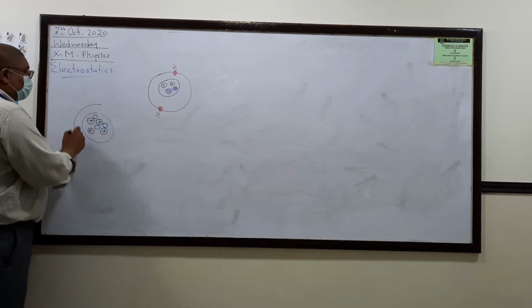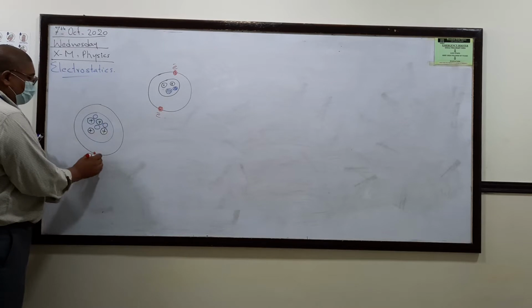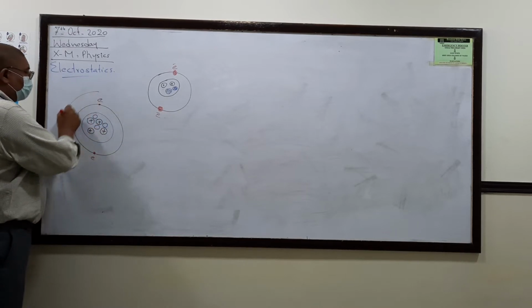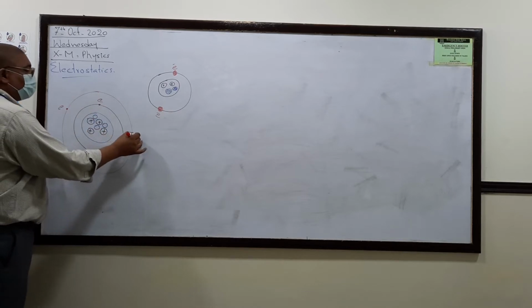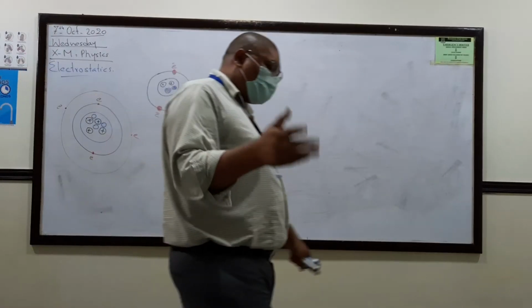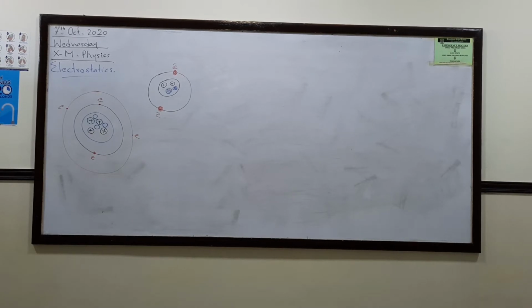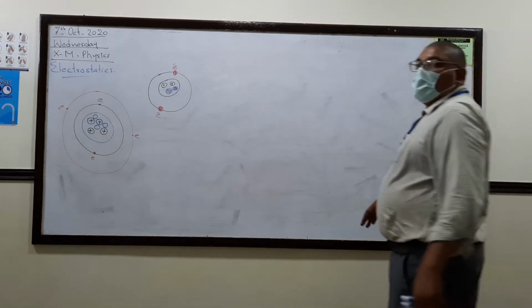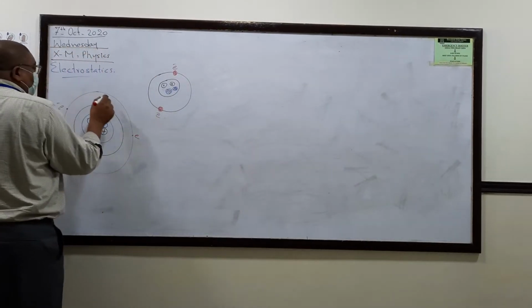And there are, let's say, 4 electrons. Here I have an electron, here another, and here another, and here another. In this atom, there are 4 protons and 4 electrons. 4 positive, 4 negative, so the positive and the negative are equal to each other, so it will be neutral. The electrons are negative charges.